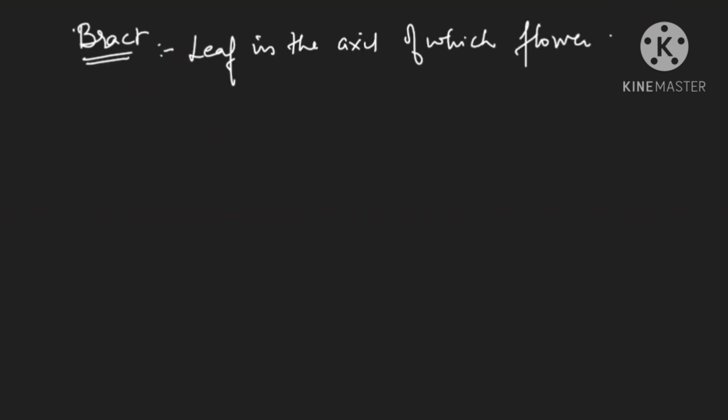Bract is a leaf in the axil of which the flower is born. Clear? Now see the modifications of it.